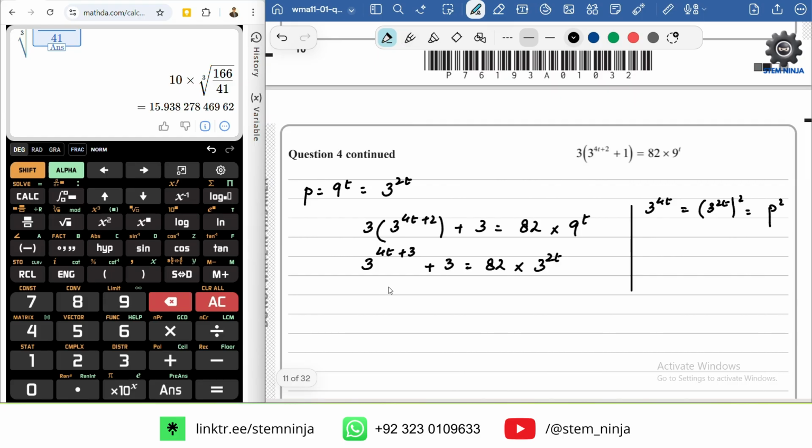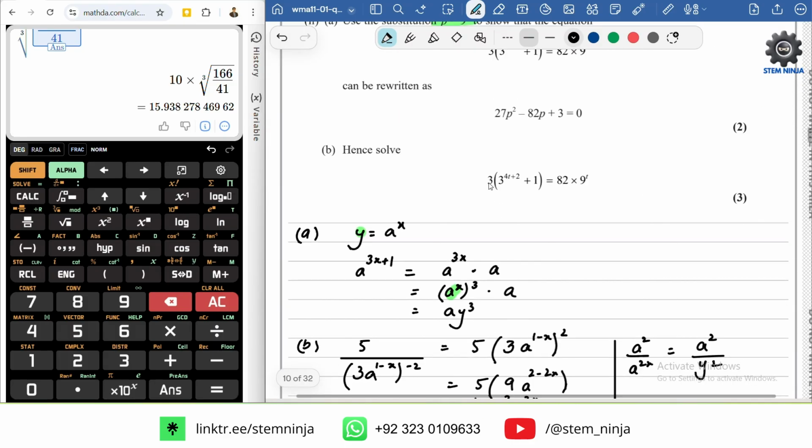And this is 3 cubed times 3 raised to power 4t plus 3 equals 82 times 3 raised to power 2t. Now we substitute it back. So 27p squared minus 82p plus 3 equals 0. That's it, we just rearrange.